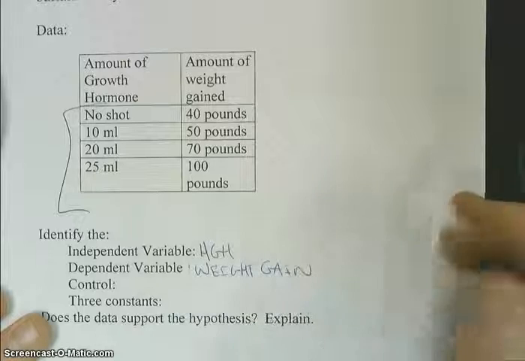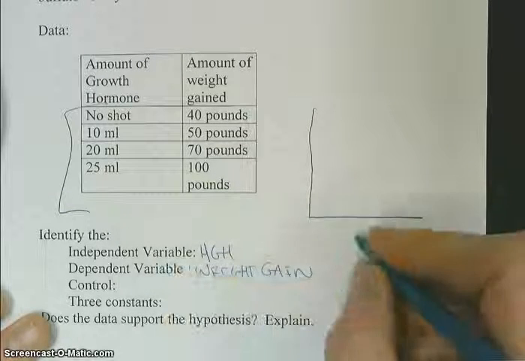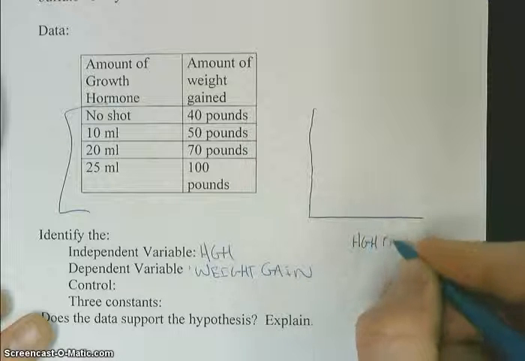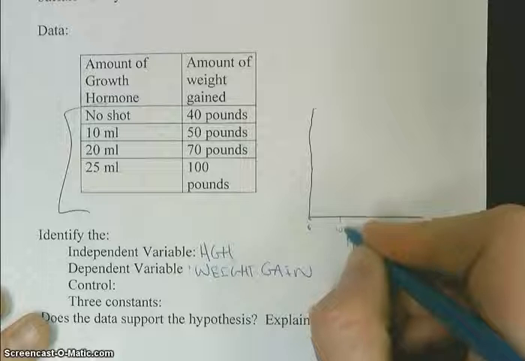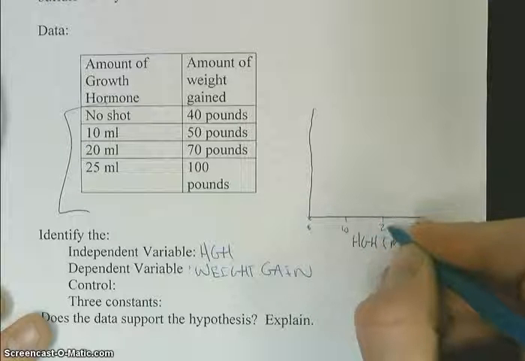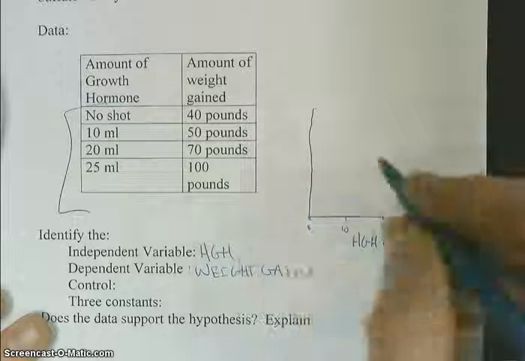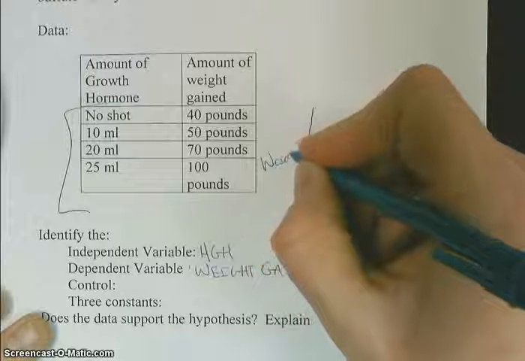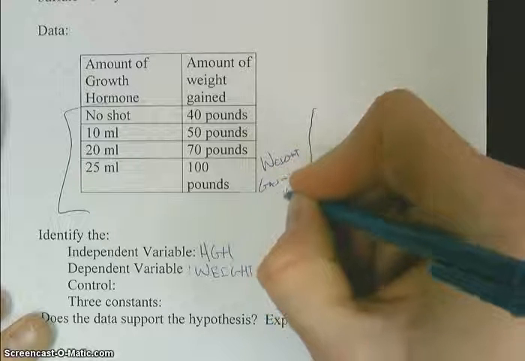And like we just looked at, if I were to graph this, my independent variable would be on the X, so it would be HGH, and that's in mils. Here's 0, 10, 20, 25. My Y value would be weight gain, and that's in pounds.